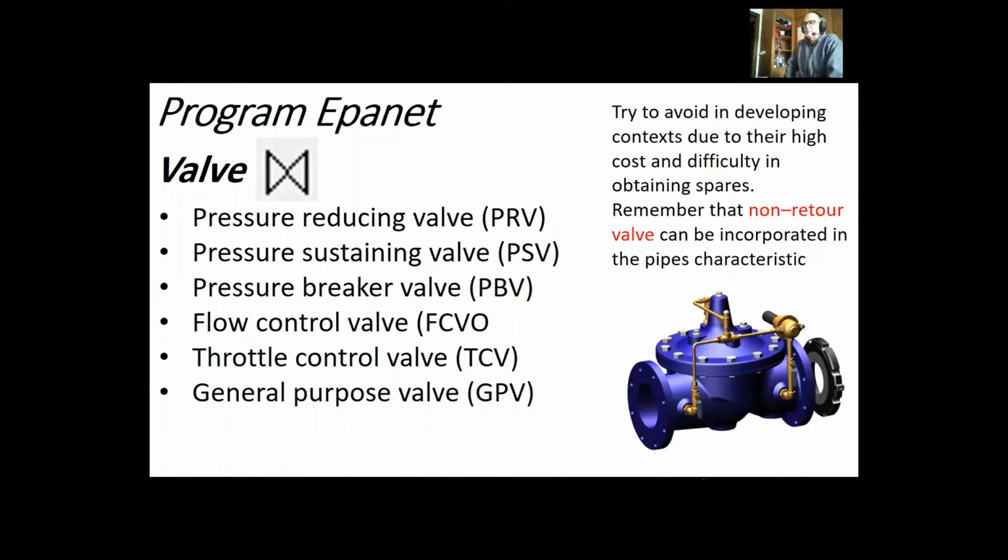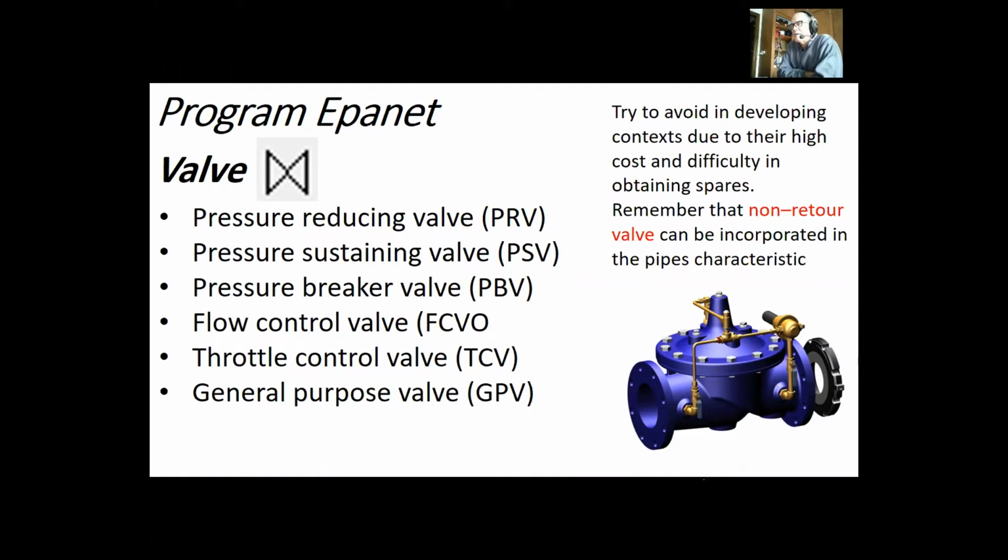You have in Epanet 6 types of valves, but I advise you for our purpose not to use the valves, not because it's not good to have valves in a network, but for a small network in a country like Syria, where maintenance is anyway a difficult issue, it's better to avoid valves, because first of all, they are extremely expensive, and then the maintenance of those valves is not assured.